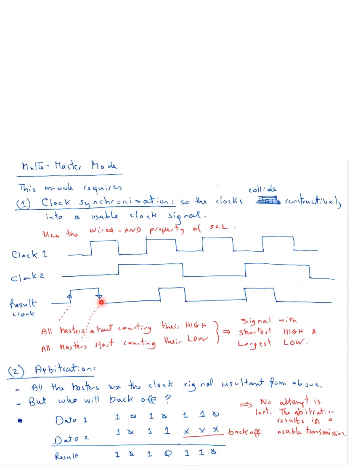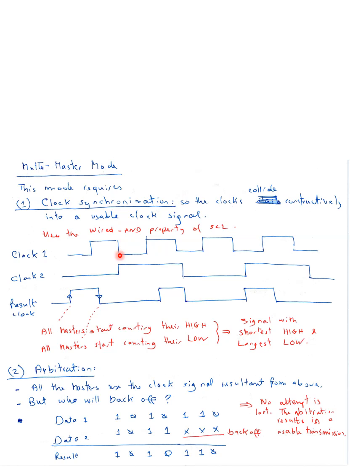What happens next at this point is that all the masters start counting their low duration. They're all gonna synchronize up to this point, just like they all synchronized up to that point. That's a special feature. All the masters synchronize up to this point, and they start counting off their low duration.